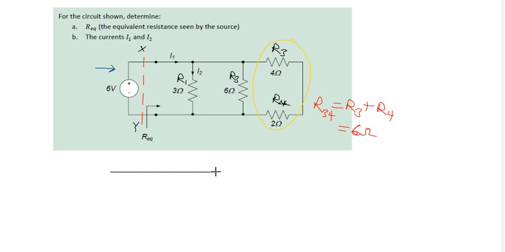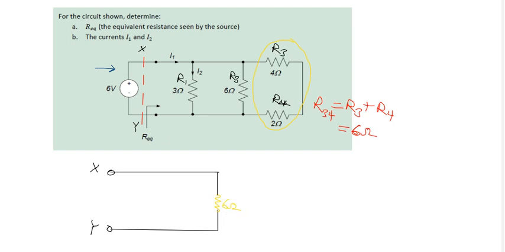Let's just draw that properly. Remember, this is the direction we are looking at the circuit from. This is our X and Y. We have been able to resolve this last series combination here, and this is 6 ohms now.